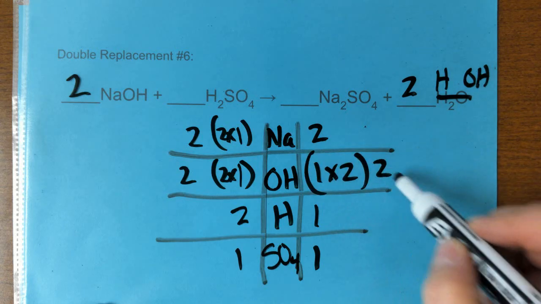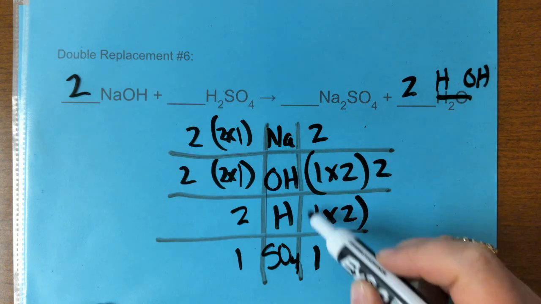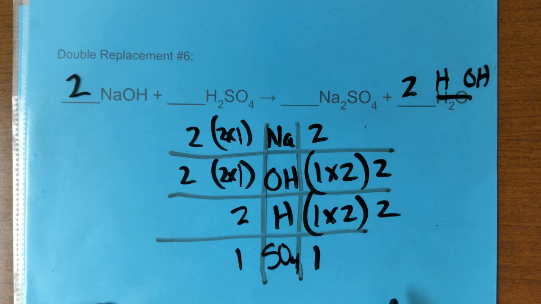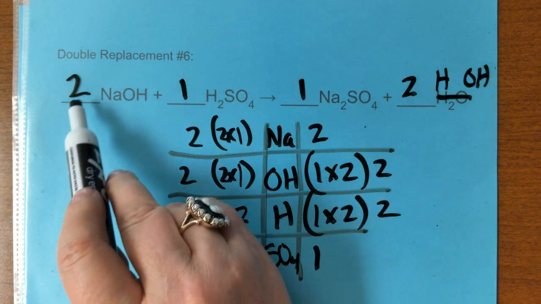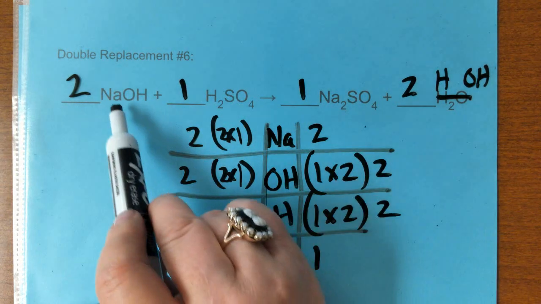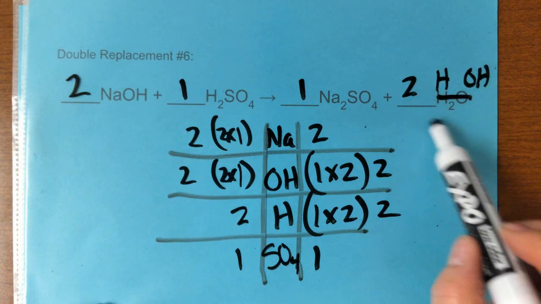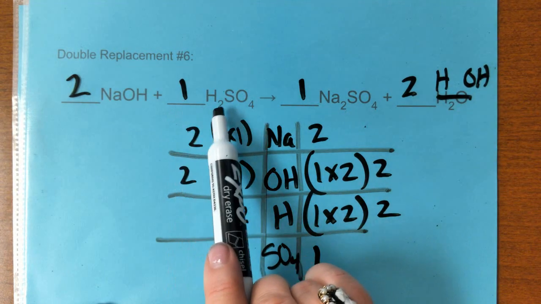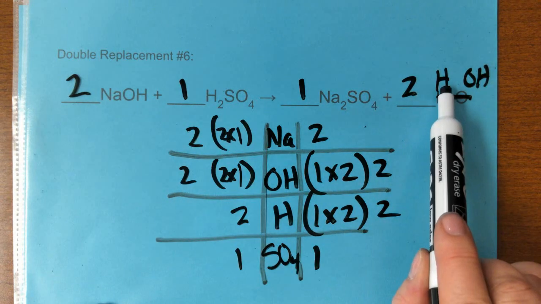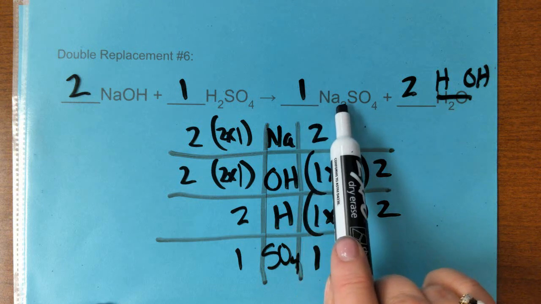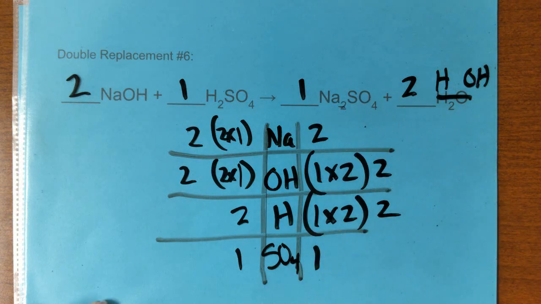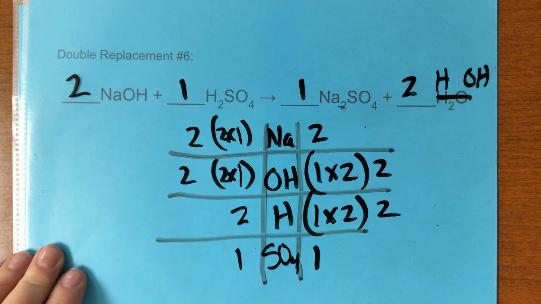It changes my hydroxide to 2, but it also changes my hydrogen to 2, which balances out my hydrogen. Sulfates are already balanced, so those would be 1. 2 sodium, 2 sodium, 2 hydroxides, 2 hydroxides, 2 hydrogen, 2 hydrogen, 2 sodium, 1 sulfate, 1 sulfate.